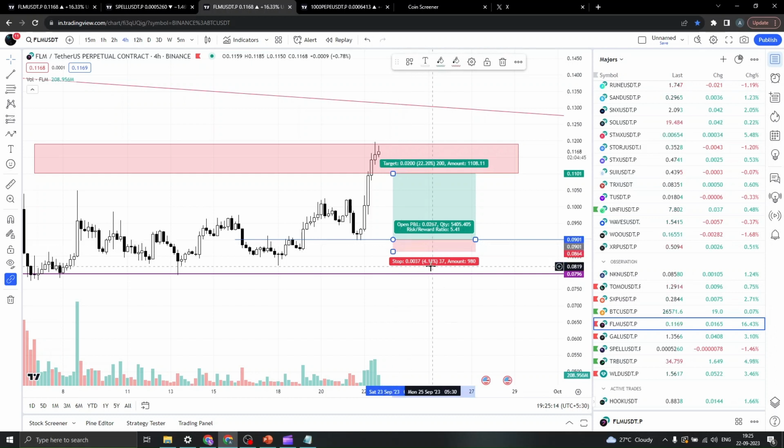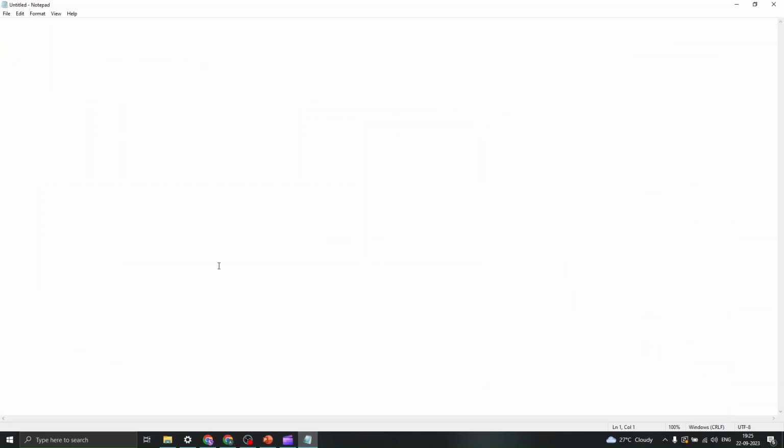Okay, assume it's 4%. Now how do I calculate my position size? Suppose I have a portfolio of $1,000 and I want to only risk 2% of this. So 2% of $1,000 is $20.